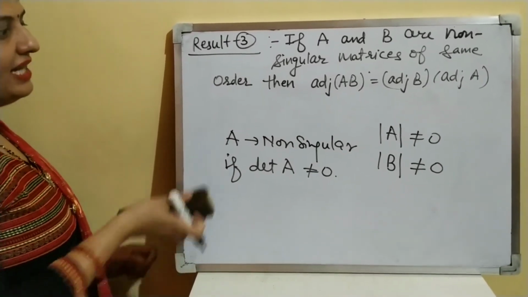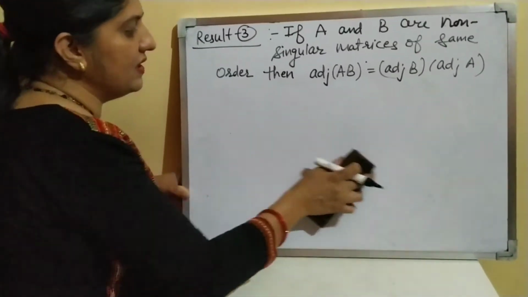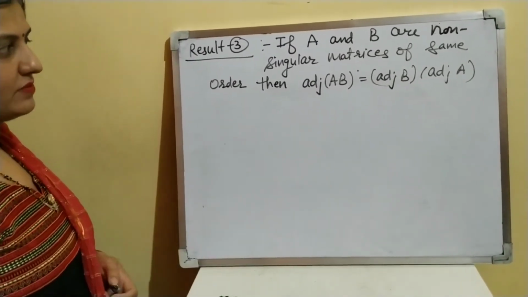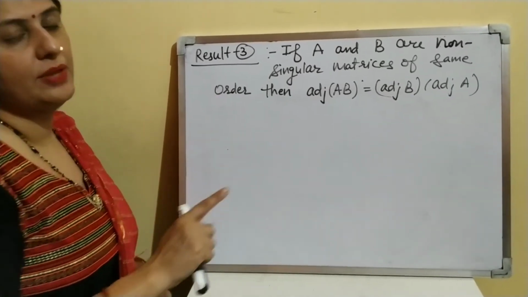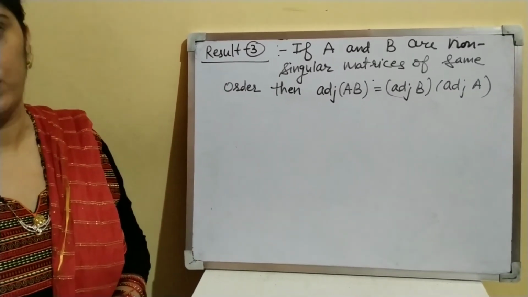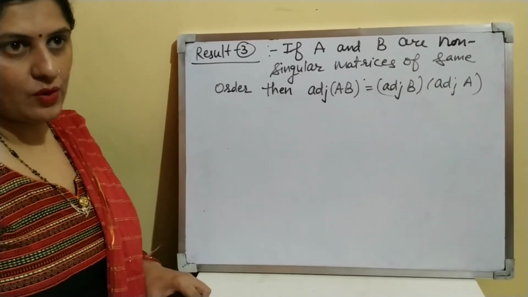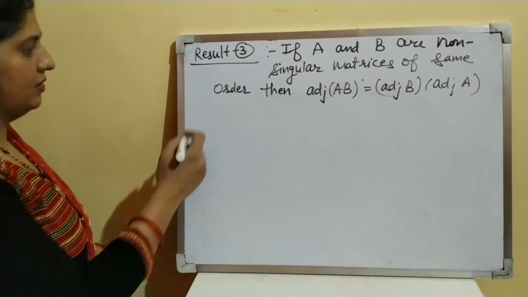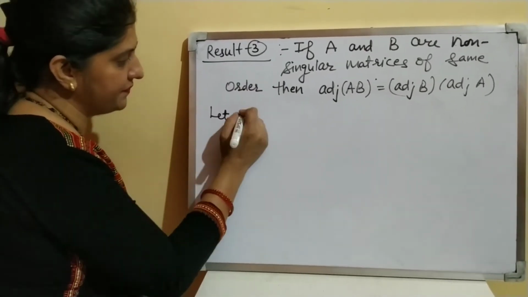We can verify this result by using any example of square matrices of same order whose determinants must be non-zero. So let us take two matrices A and B which are non-singular for verification of the given result.